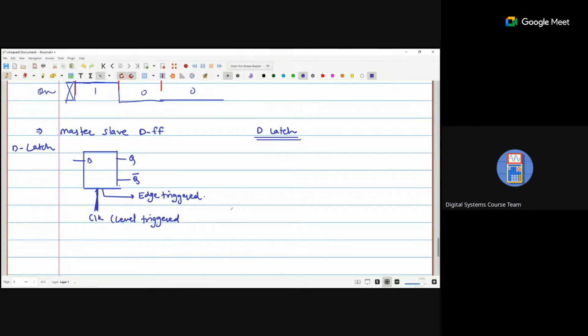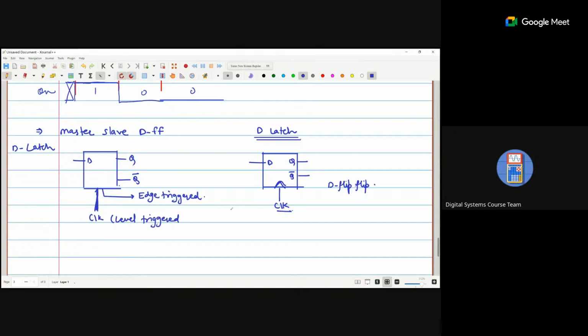Okay, if it is a flip flop, we should represent that one: D, Q, Q bar, and that is clock. Okay, not only for D, for all flip flops.